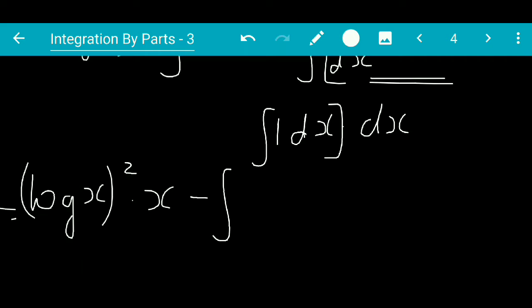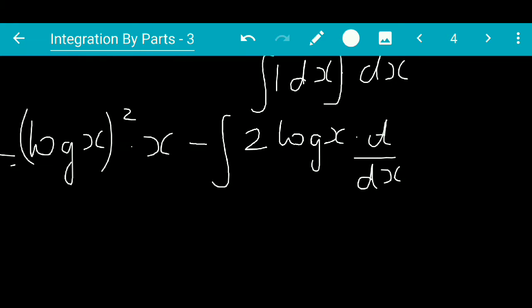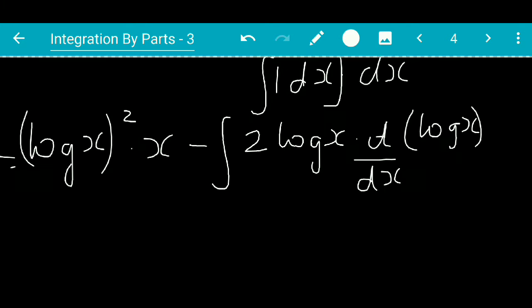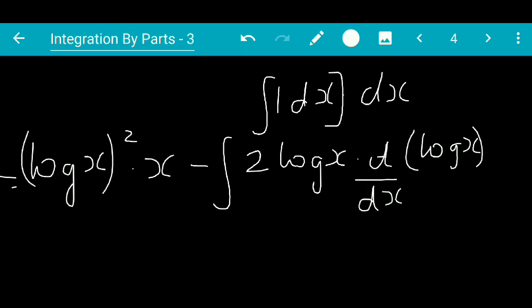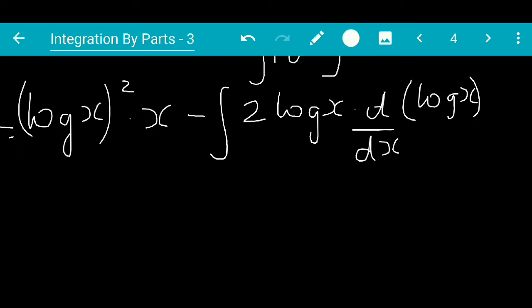So the integral becomes 2 log x and also the d dx of log x. And the second term, one more term is there over here, that is integral of 1 dx, which is x. So x into dx. Now in the next step, if you are thorough with this, you can skip this particular step. You can directly write the derivative of log x by using chain rule in just one step.